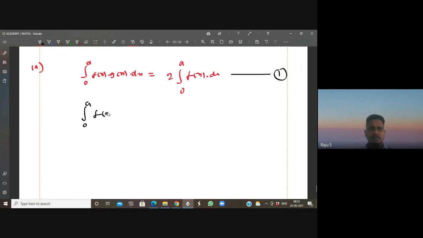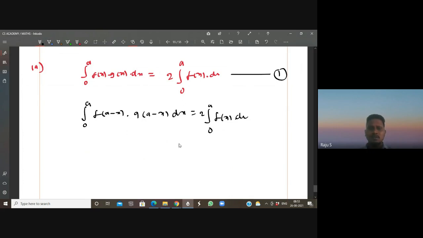When I apply the first property, integral 0 to a of f of a minus x, g of a minus x dx is equal to, clearly, the right side is 2 times integral 0 to a of f of x dx.